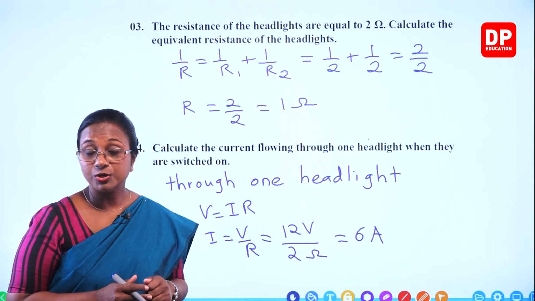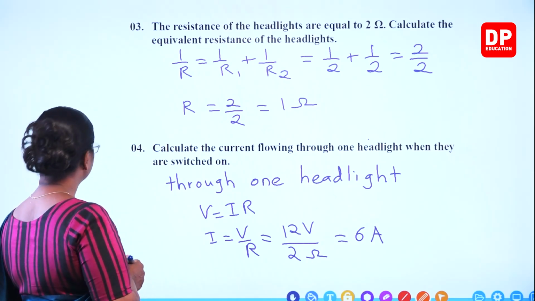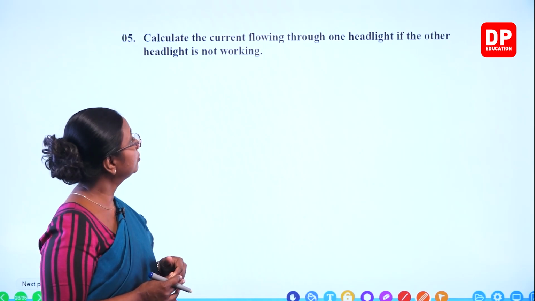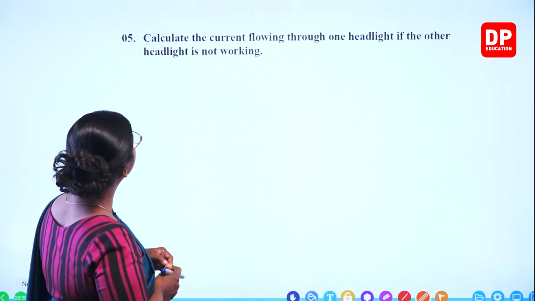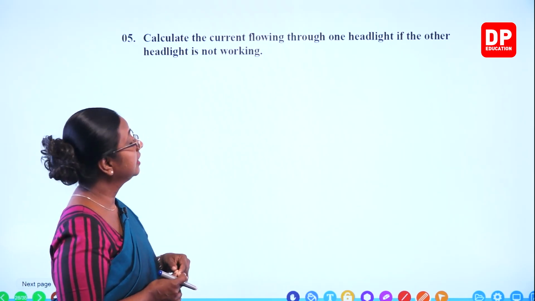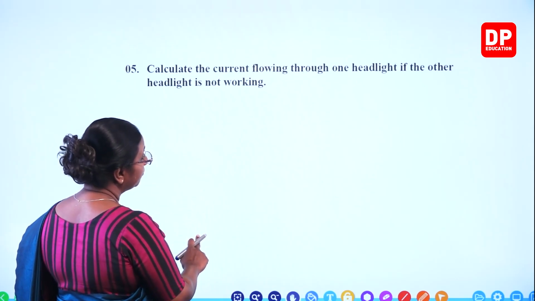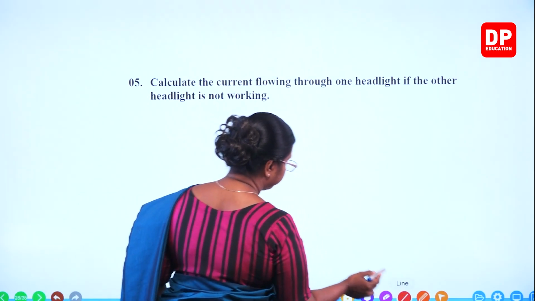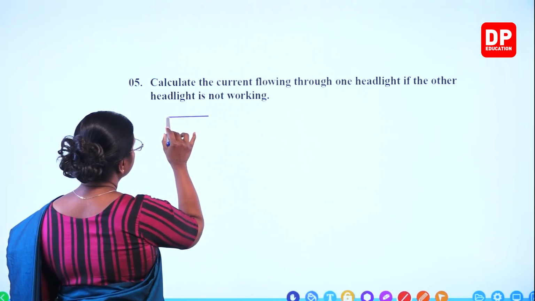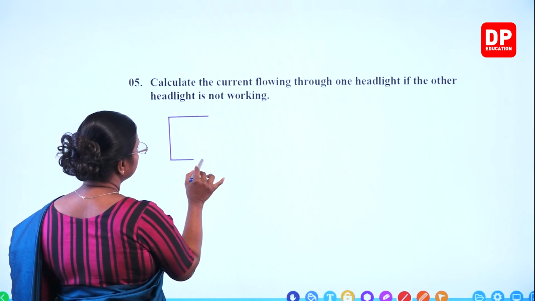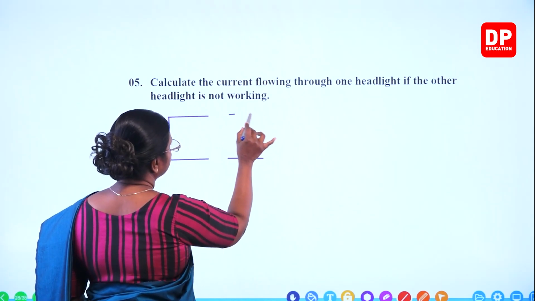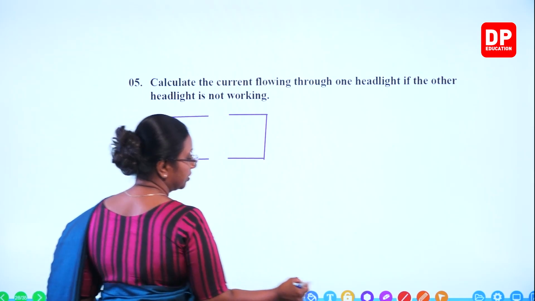So then I'll move on to the last part of the question. Here, calculate the current flowing through one headlight if the other headlight is not working. What will be the current flow through one headlight if the other headlight is not working? It is going to be the same. Now, if we have only one headlight, then also it's going to be like that.